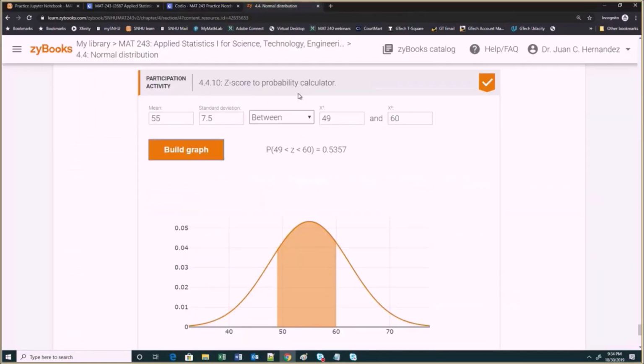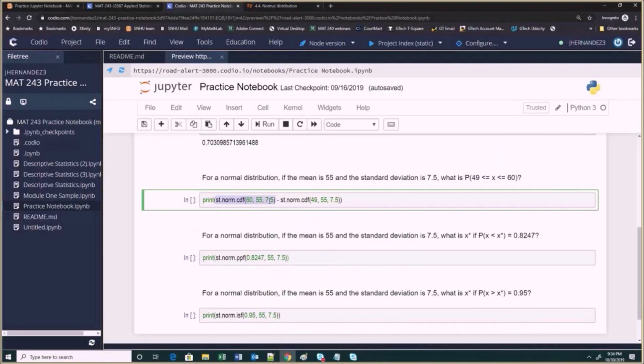If we do that, we highlight all of this area, right? Less than 60. So that's what we get here. And then from that, we subtract the area that is to the left of 49, which is the lower critical value.